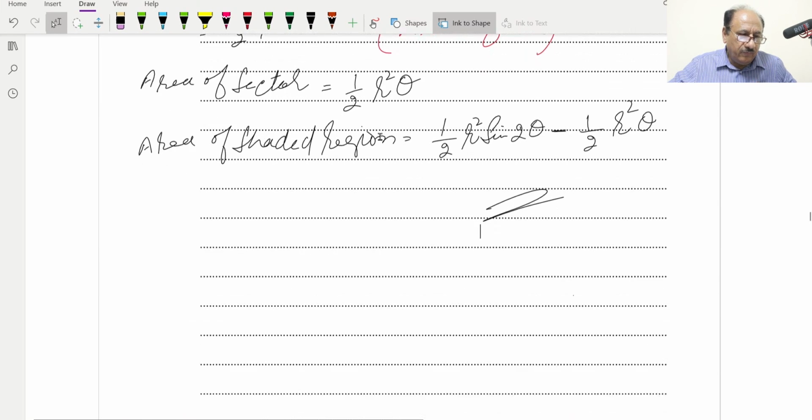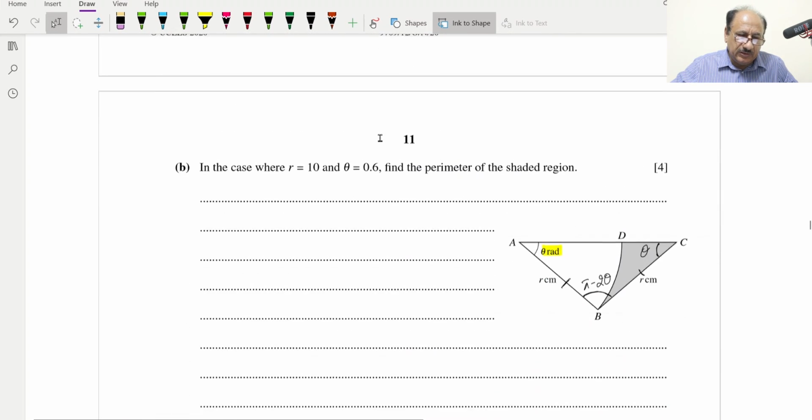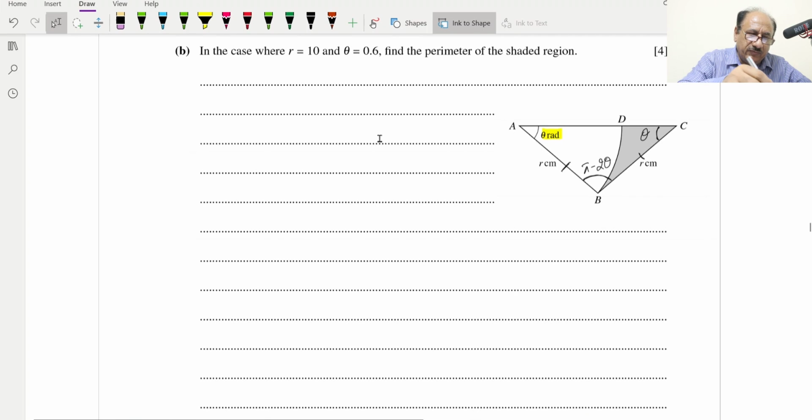Now we can move to the next part, which says in the case where r is equal to 10 and theta is equal to 0.6, find the perimeter of the shaded region. So I have copied that triangle over here so that we can refer to this one. This is not in the original question paper, I have copied it from above so that we can quickly refer to it.